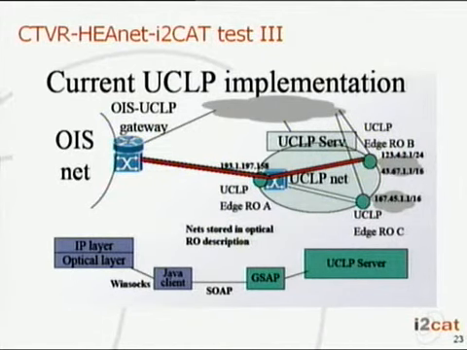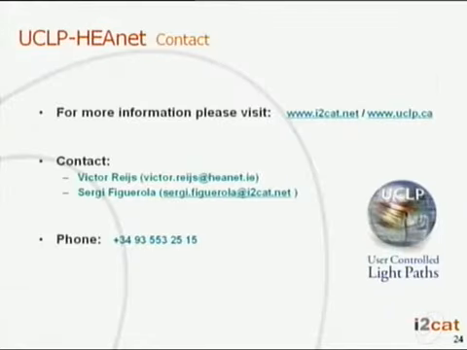So the traffic can be sent really fast, avoiding the bottleneck, and once all the information has been sent, automatically the light path was cut, and therefore the original connection was established again.